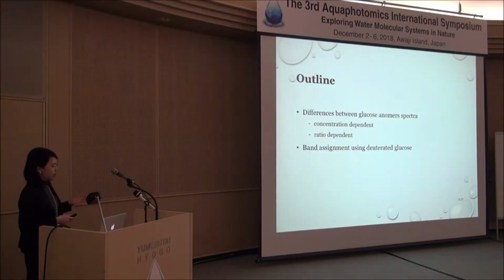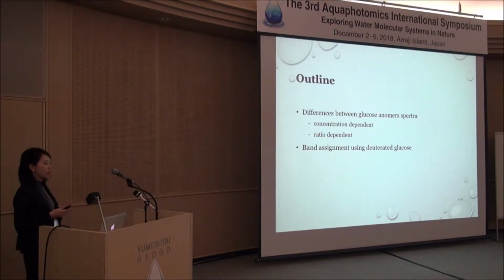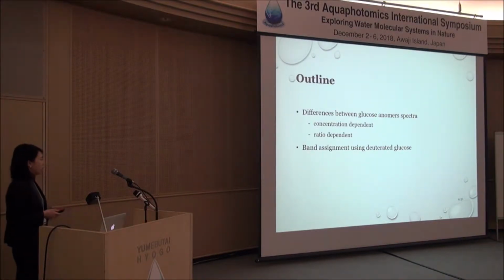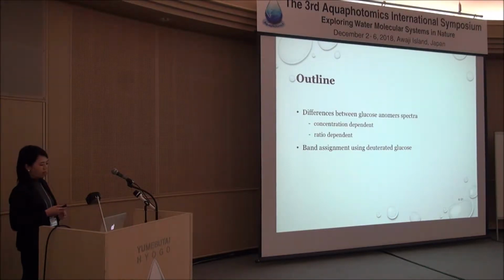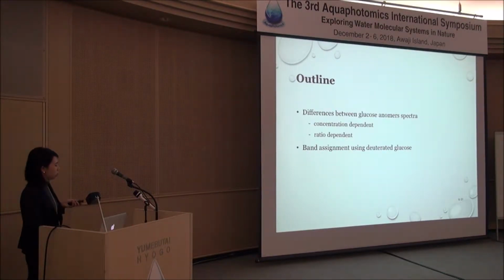Today I talk about the difference between glucose anomer spectra in analysis with concentration and in the ratio of anomer in solution. And then I talk about the origin of the near-infrared band in the analysis using deuterated glucose.